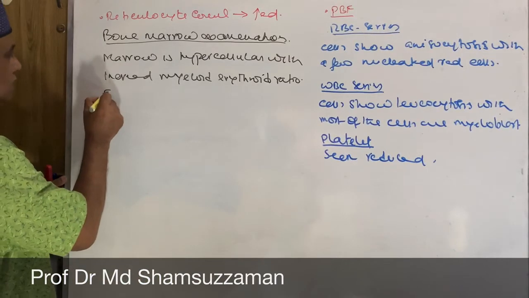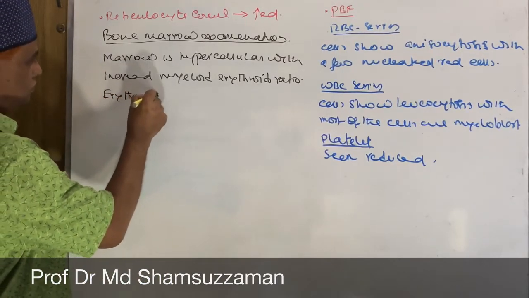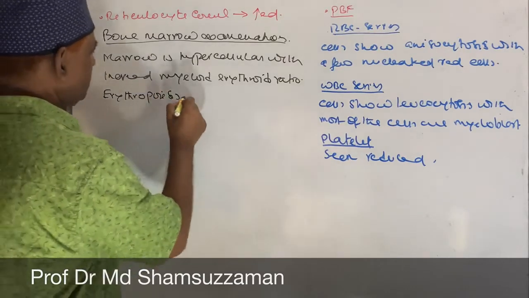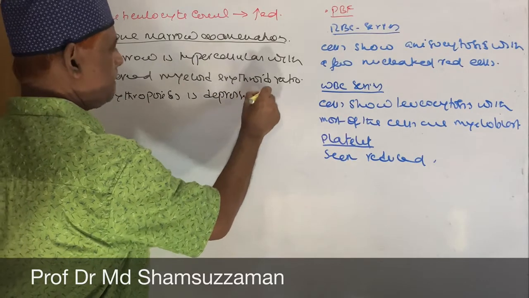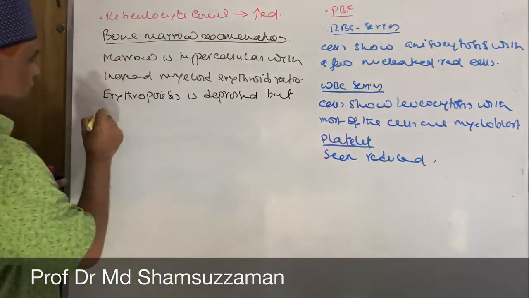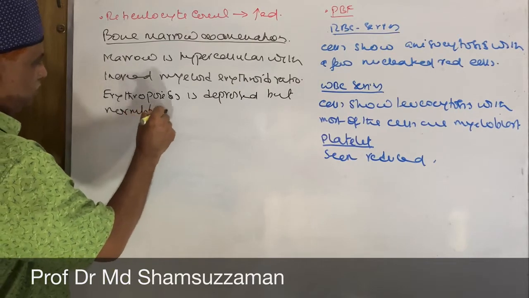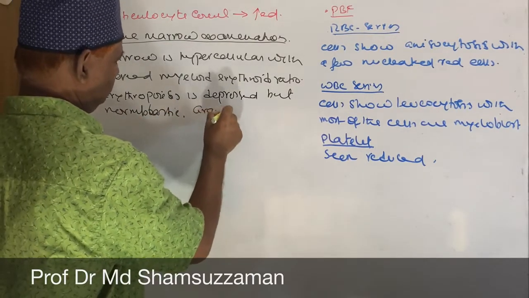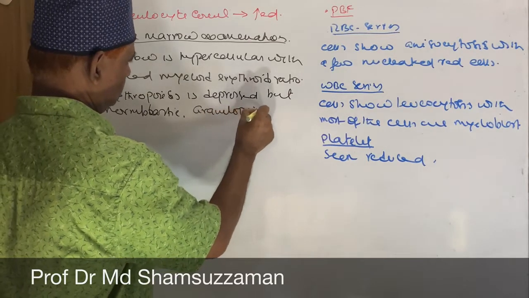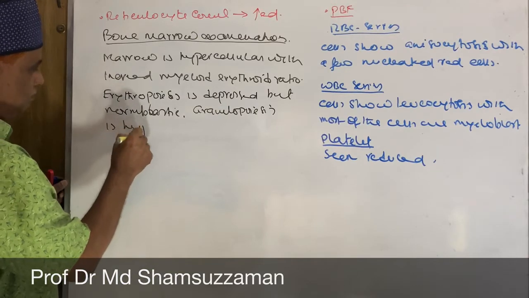Then erythropoiesis is depressed like before, but normoblastic. Granulopoiesis is hyperactive.